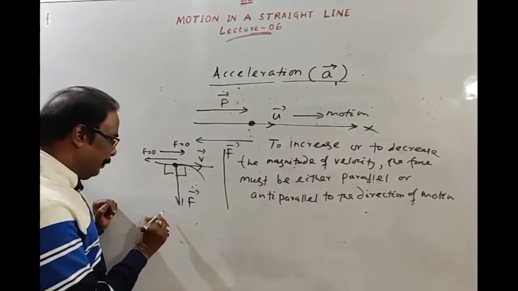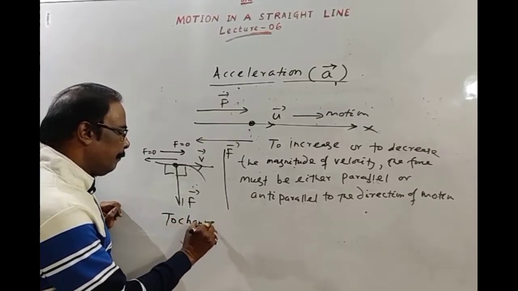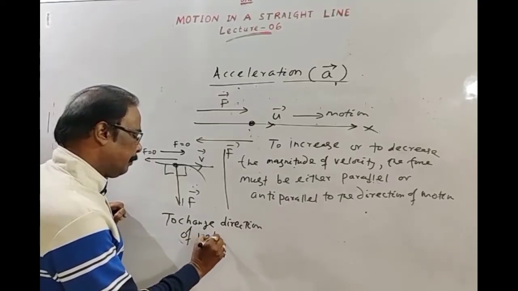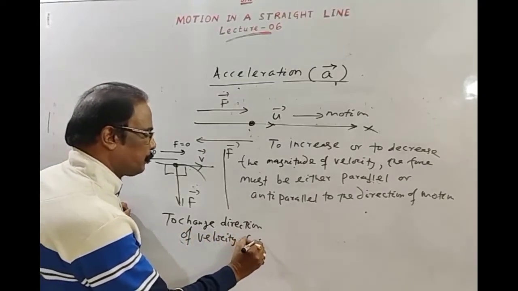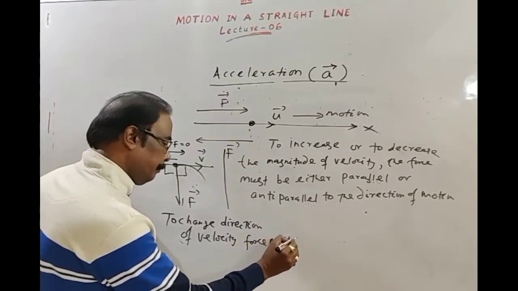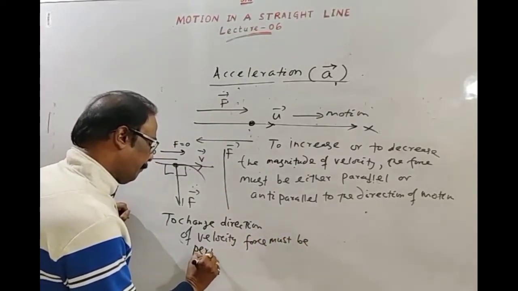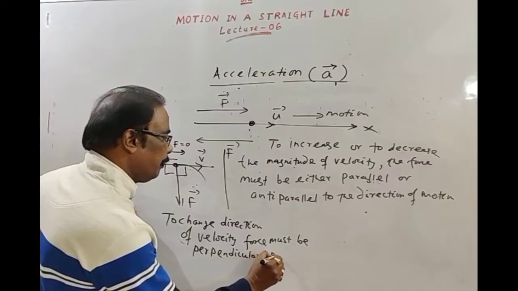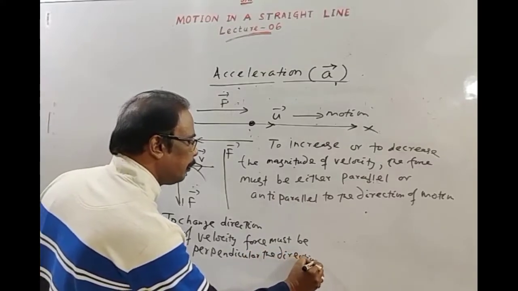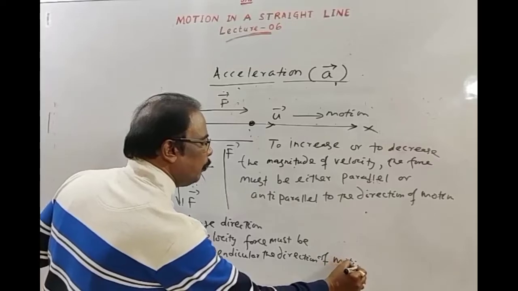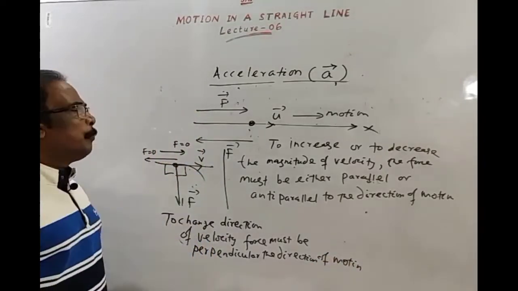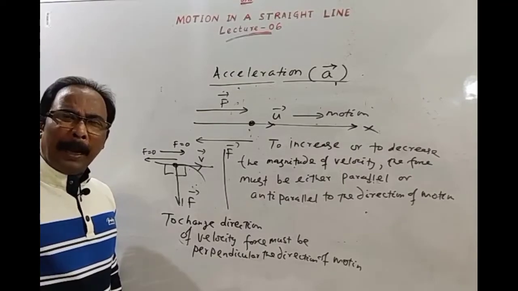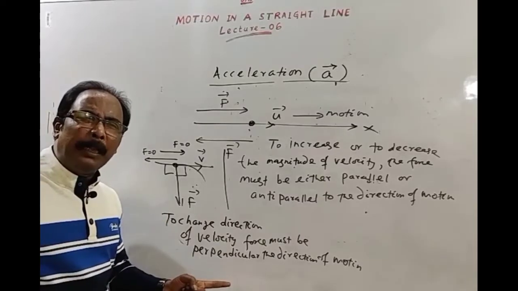So our conclusion: to change the direction of velocity, force must be perpendicular to the direction of motion. Suppose someone asks, can the applied force necessarily be perpendicular to the direction of motion?